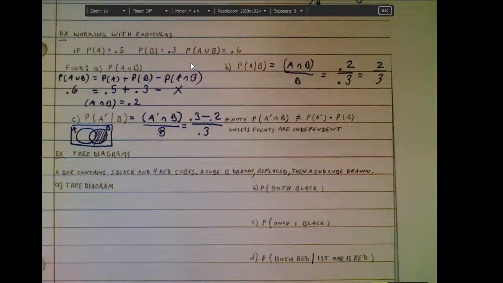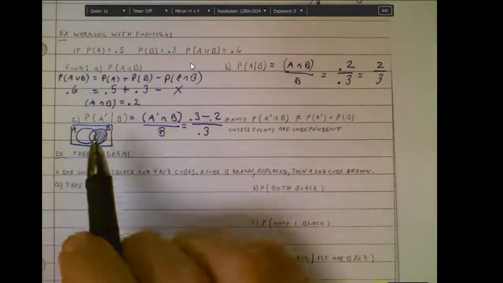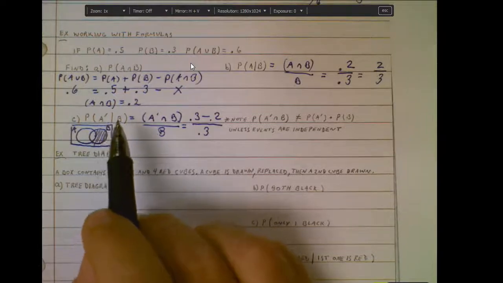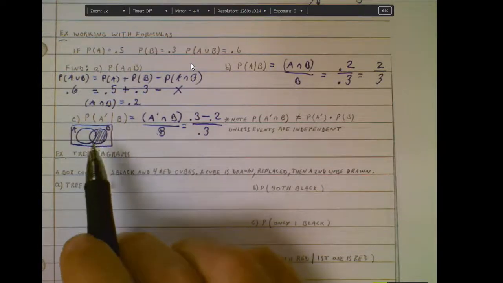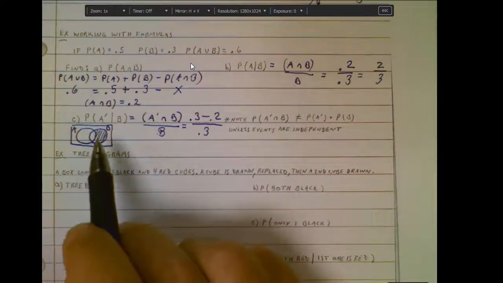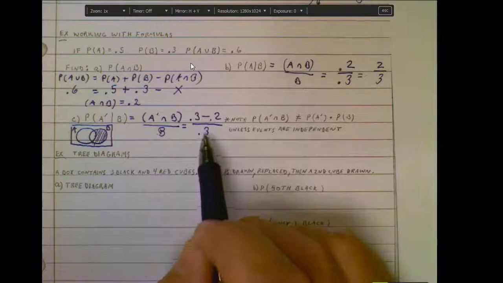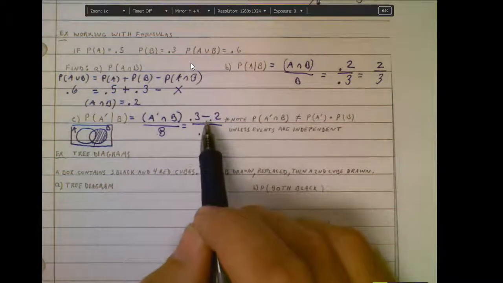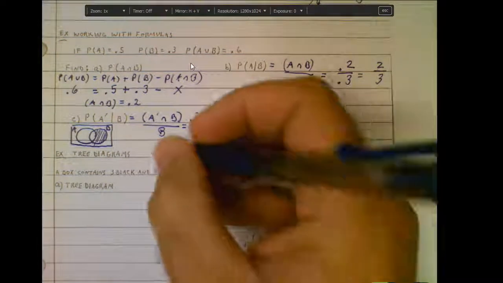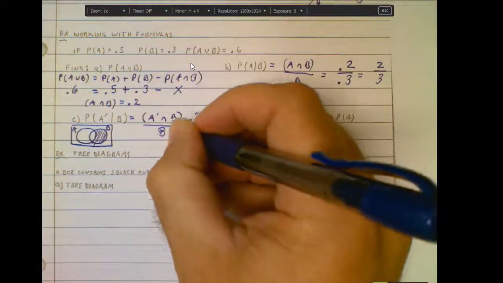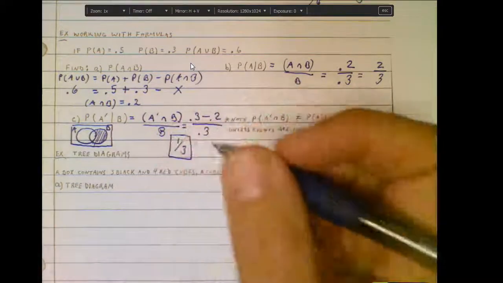And so that's what our setup would look like in order to figure that out. So again, if we have a scenario like this that does not directly fit a formula that we have, a Venn diagram is a great way of identifying what that number should be. And so there's a good way to do that. So in this case, if I do a little cleanup, I'd have 0.1 over 0.3, which is 1 over 3. Would become our answer for that one.